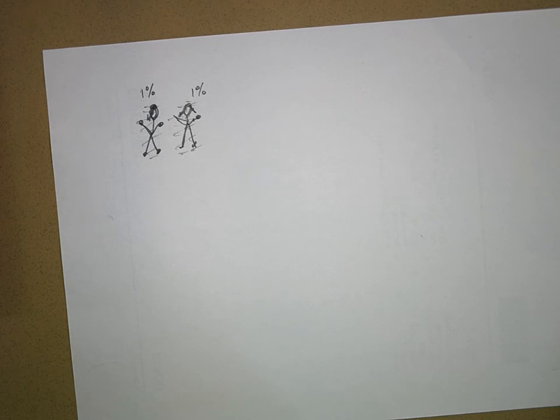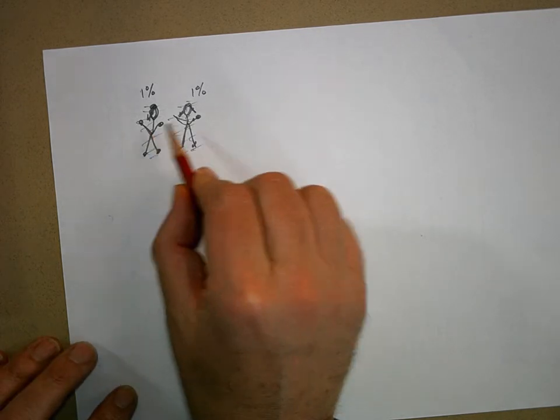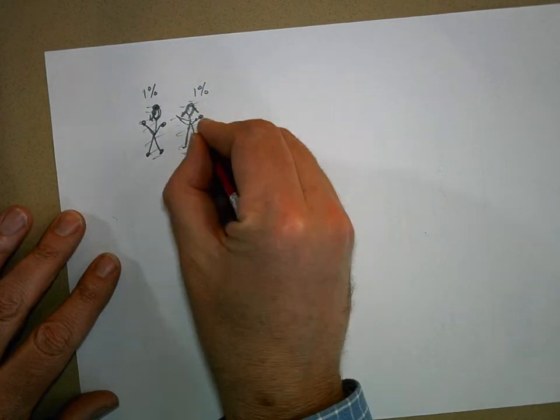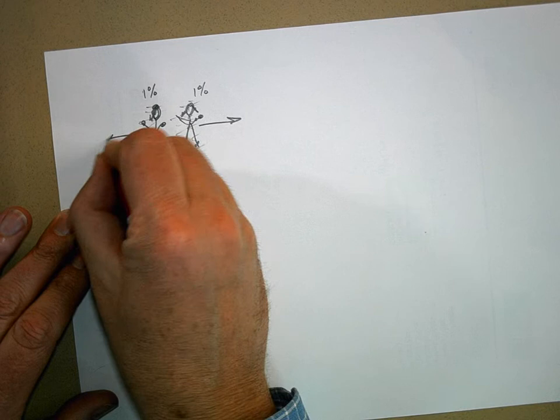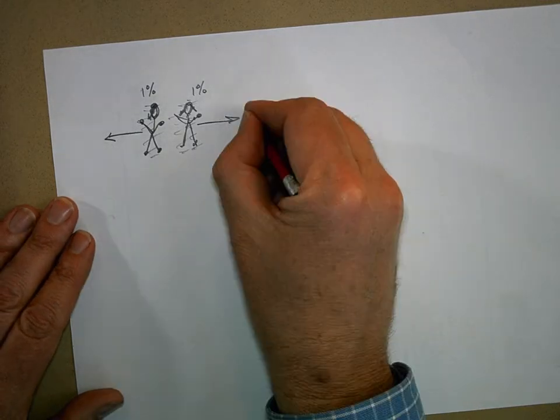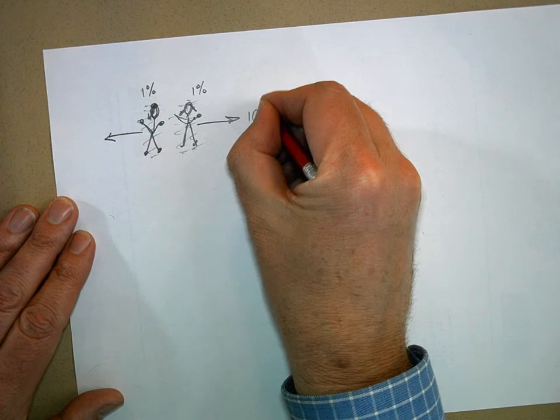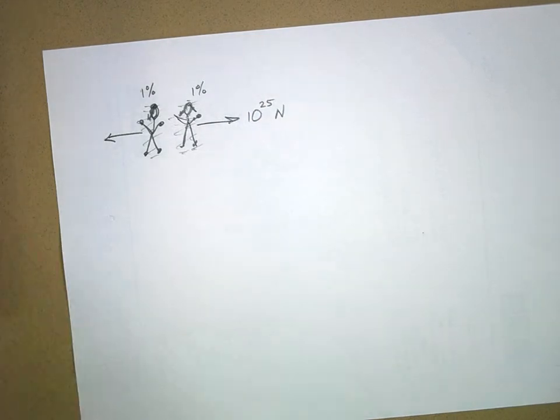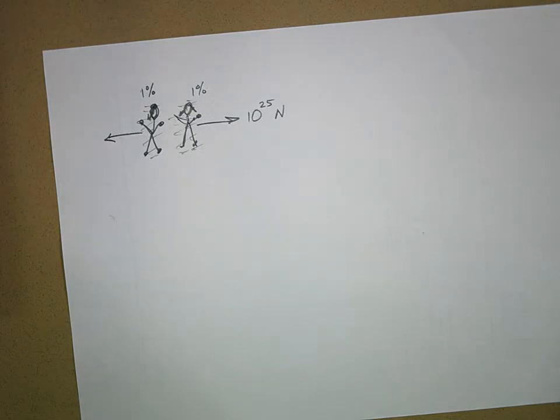The repulsive force that they would experience would be on the order of magnitude of 10 to the 25 newtons. Now, what is that? That's equivalent to the weight of the Earth, which is kind of ridiculous.